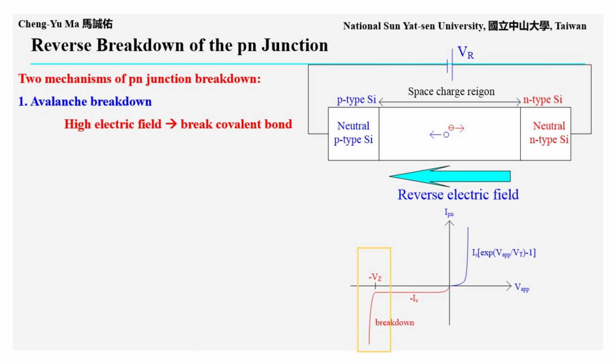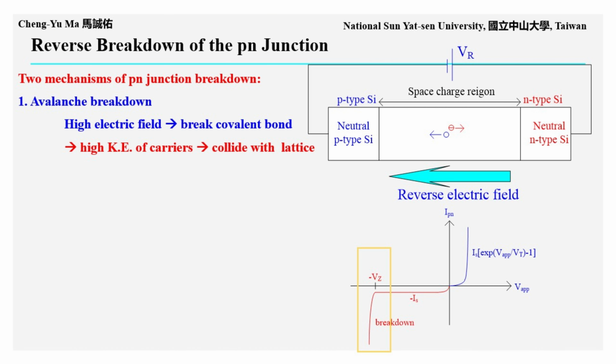This strong electric field can break the covalent bonds in the semiconductor, allowing valence electrons to escape from the bonds and become free electrons in the conduction band. At the same time, an electron vacancy or hole appears in the covalent bond. Therefore, electron-hole pairs are generated inside the space charge region.